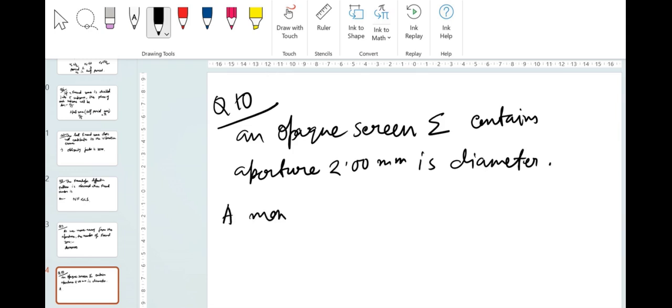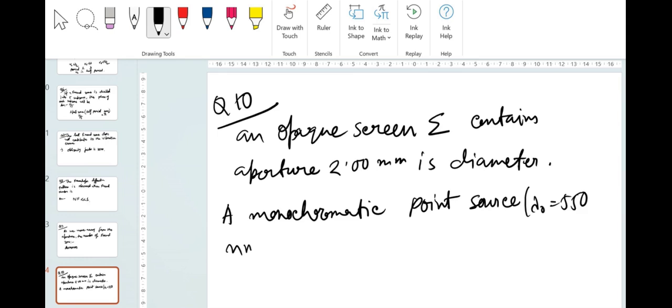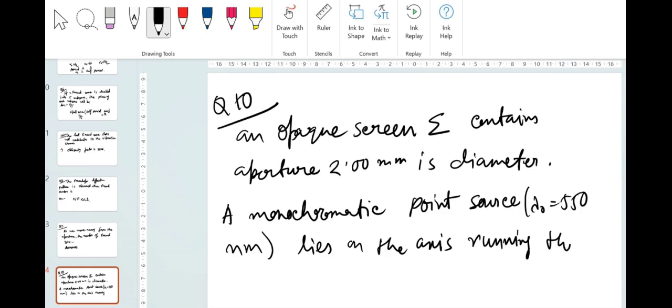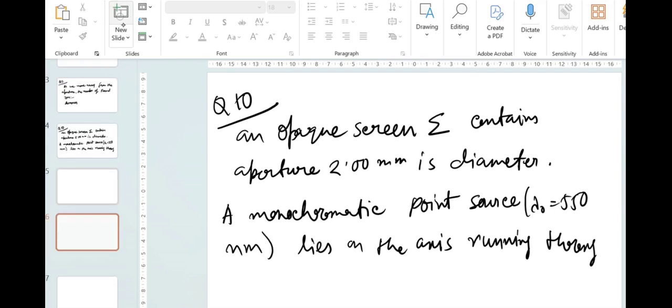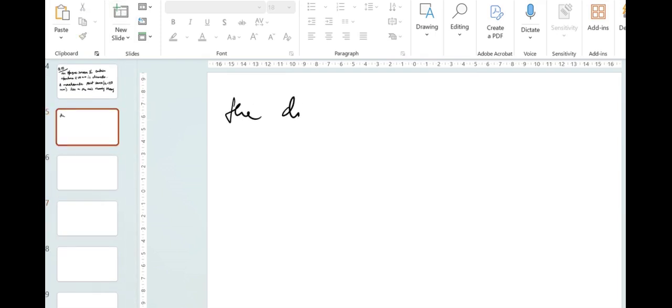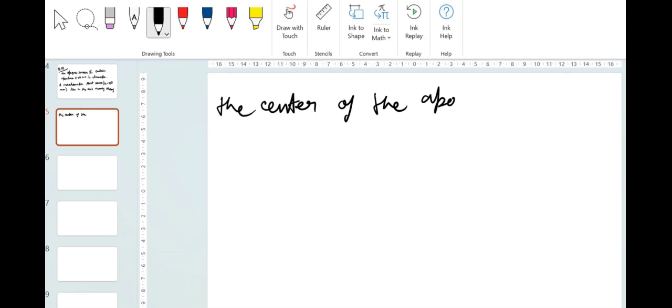A monochromatic point source, lambda naught equal to 550 nanometer, lies on the axis running through the detector to the center of the aperture, perpendicular to sigma.